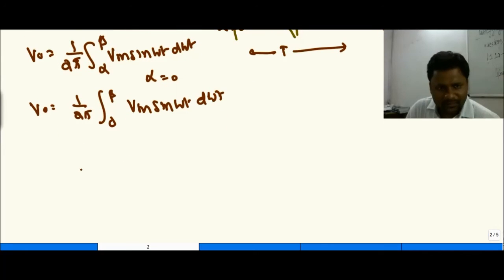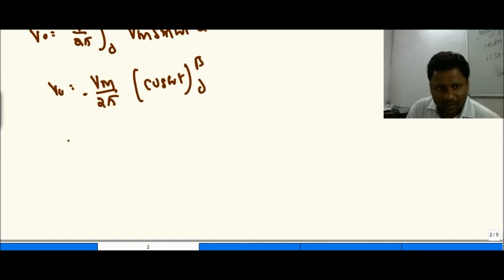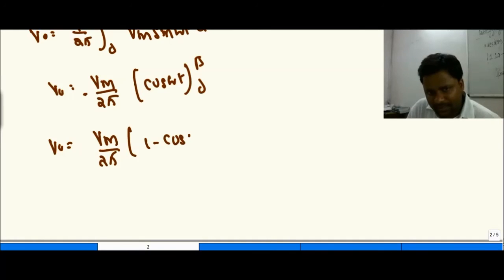Then we can say that output equals Vm upon 2 pi, minus cos omega t from 0 to 2 pi. The output equals Vm upon 2 pi, it should be 1 minus cos beta.